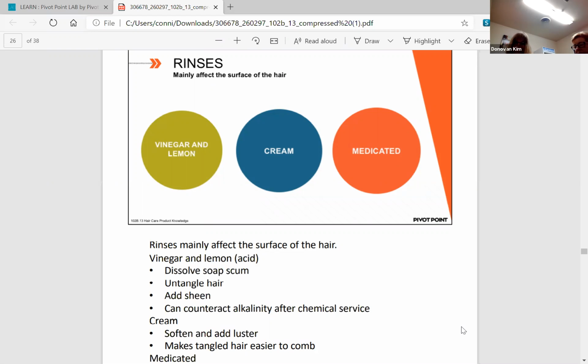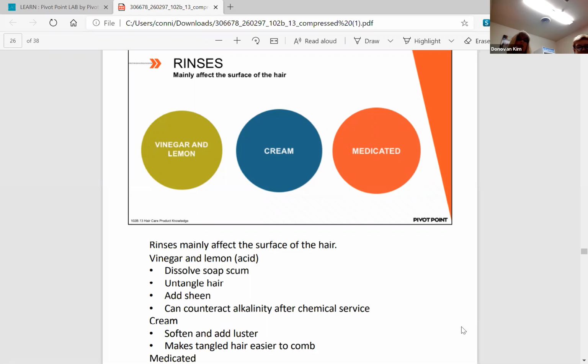So let's find out. 15 drops to a teaspoon. Almost a teaspoon. Oh, it's about half a teaspoon. So I just do a teaspoon.